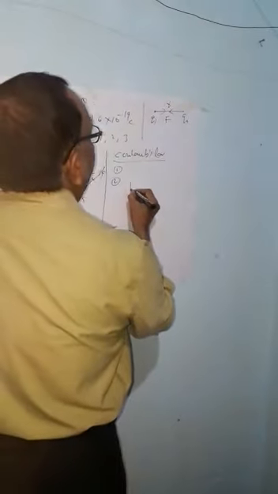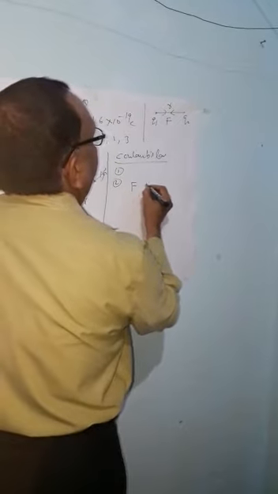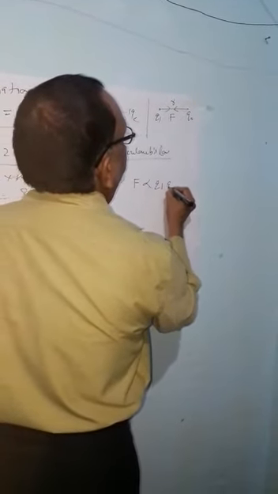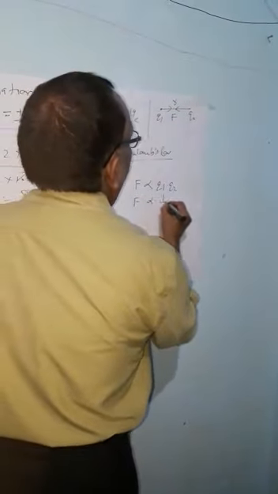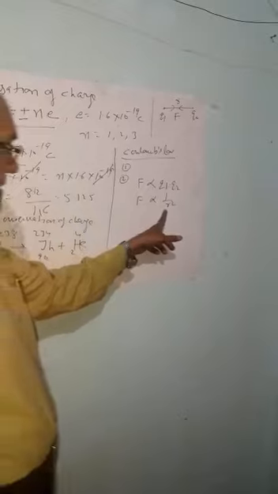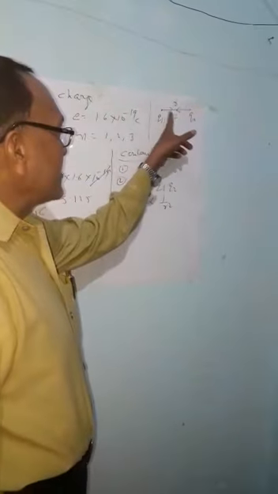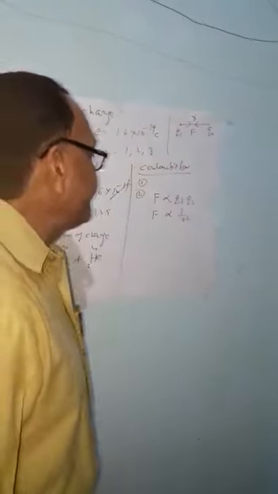This force of interaction is directly proportional to the product of the charges, means F is directly proportional to Q1 and Q2. And the second is F proportional to 1 by R square, means the force of interaction between the two charges is inversely proportional to the square of the distance between them.